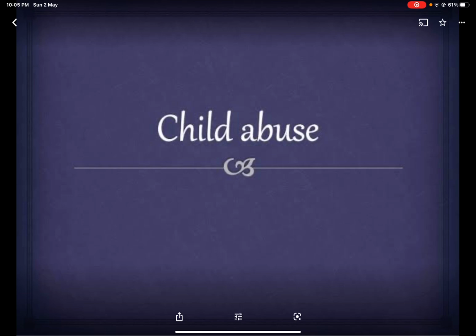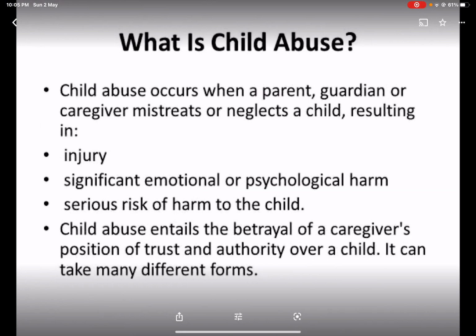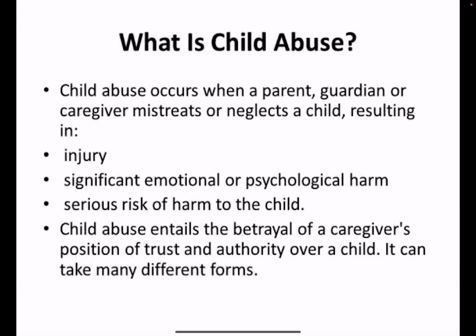Our topic is child abuse. What is child abuse? Child abuse occurs when a parent, guardian, or caregiver mistreats or neglects a child, resulting in injury, significant emotional or psychological harm, or serious risk of harm to the child.